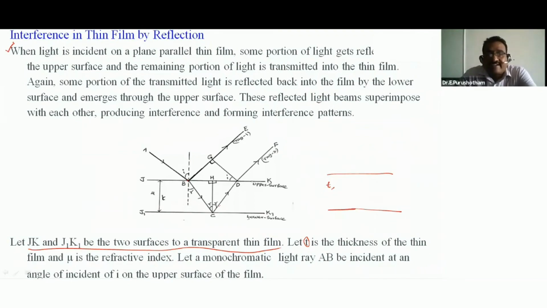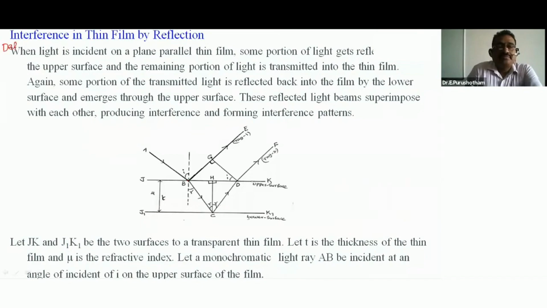Again, some portion of the transmitted light is reflected back into the film by the lower surface and emerges through the upper surface. Up to here, I explained. These reflected light beams superimpose with each other, producing interference, and this phenomenon or pattern is called interference in thin film by reflection. So this is the definition.